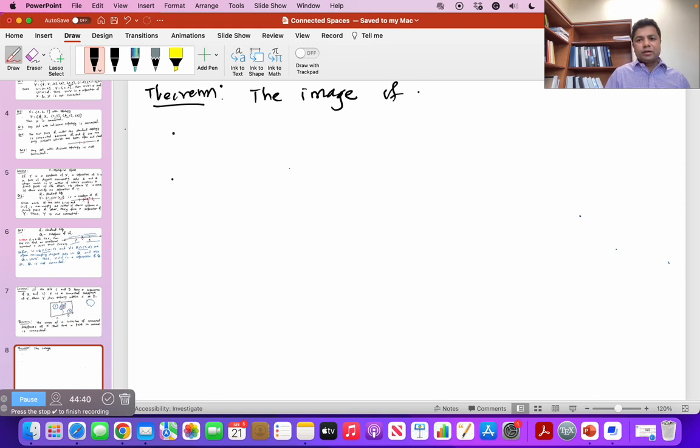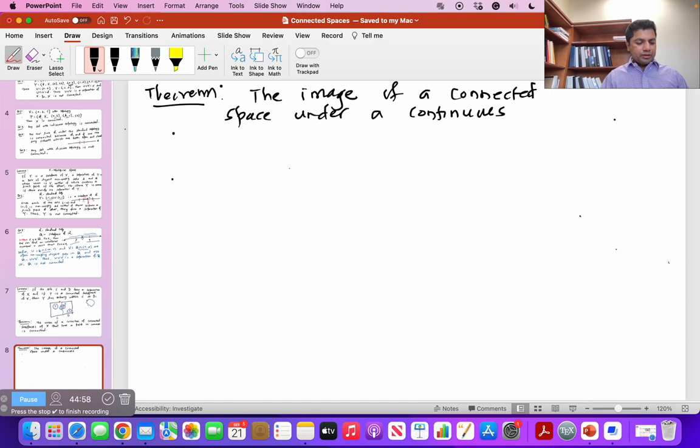The image of a connected space under a continuous function. We have learned continuous functions in one of our previous lectures. So the image of a connected space under a continuous map or function is connected. So here we can use a connected space and a continuous function to construct a new connected space. Again, I'm going to skip the proof of this theorem here.